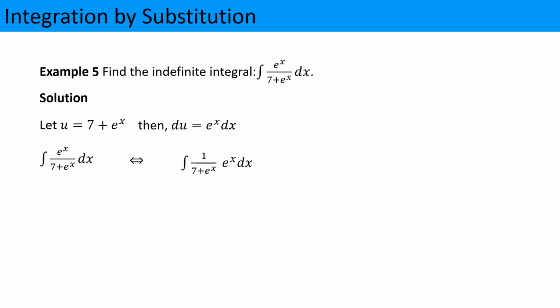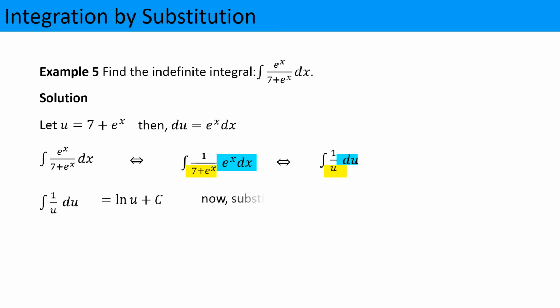Now we can actually make the substitution, and we've got 1 over, where the 7 plus e to the x was, we put in u, and where we had e to the x dx, that entire expression is replaced with du. We know how to integrate 1 over u du, that's a ln, so we'll get ln of u plus c.